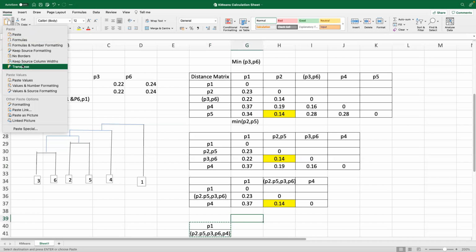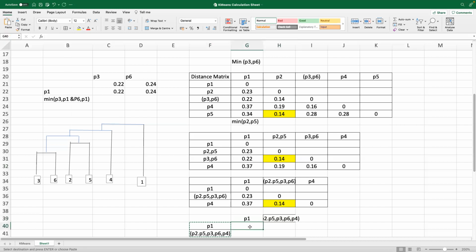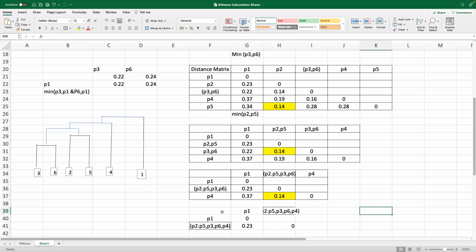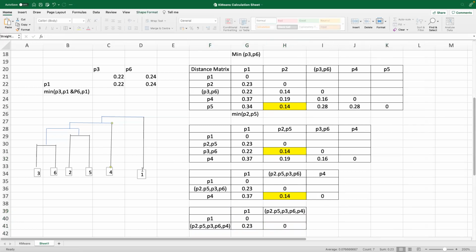Then transpose, this would be 0, this would be 0. What is the final value between P1 and all? 0.23. Right? This is the final matrix. And this is the dendrogram. Cluster 3 to 6 is one, then 2 to 5 is one, then 4 as one, and then 1 as the final cluster.